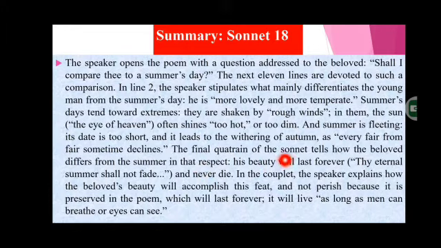So we can say that art is immortal, and because art is immortal, he is trying to make his beloved immortal in these lines of poetry. This is the summary and a little explanation of Sonnet 18 of William Shakespeare, and we will discuss this sonnet more in the coming slides.